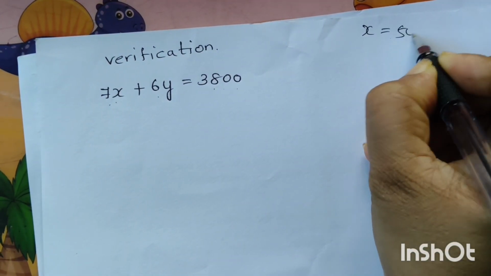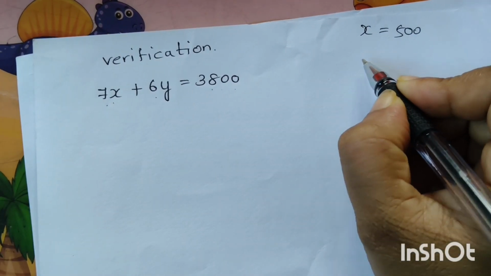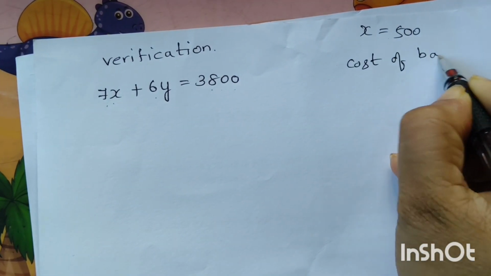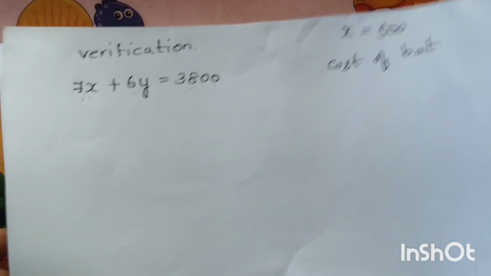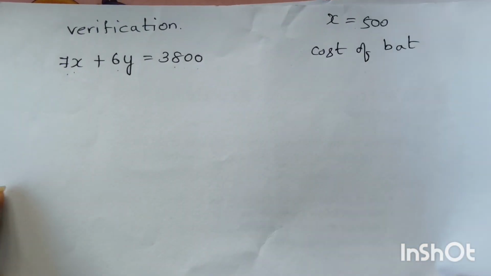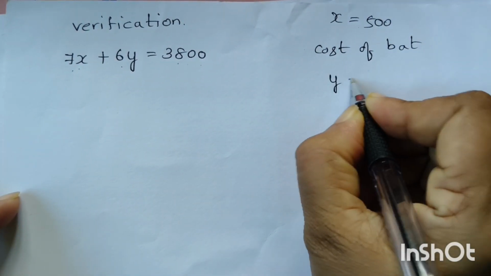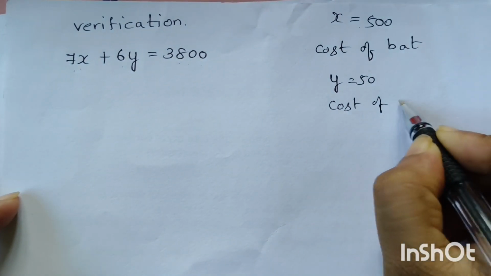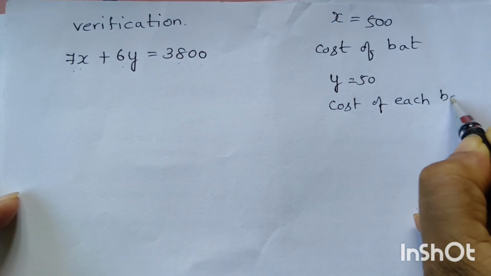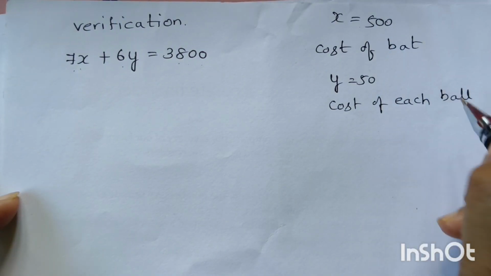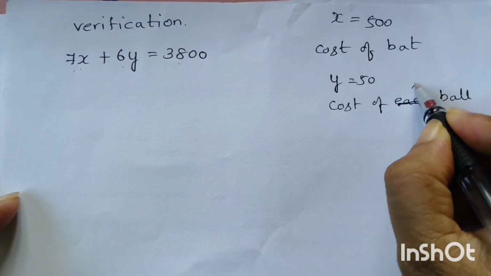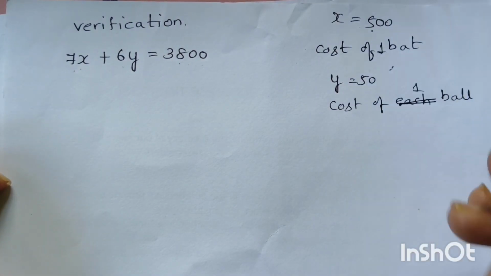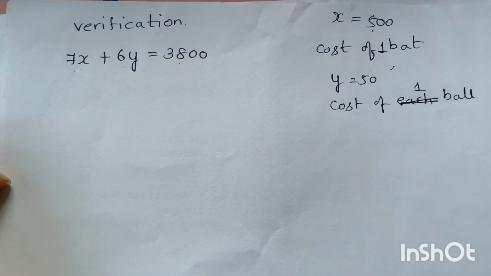X we got 500, that is cost of a bat, and the value of y we got 50 rupees, that is cost of each ball. For one bat, I can write here, cost of one bat is 500 rupees, cost of one ball is 50 rupees.